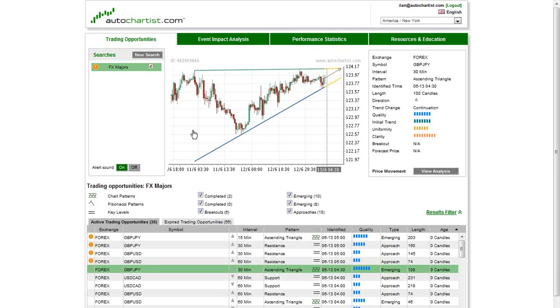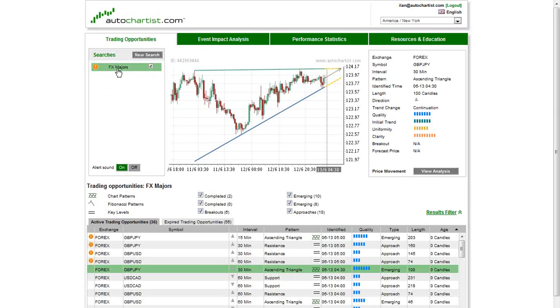Now, the primary purpose of Autochartist is really to provide you with trading opportunities. I'm going to be focusing on the FX market today, and what I've got set up is a search criteria on the left-hand side here, which is a group of instruments called FX majors.